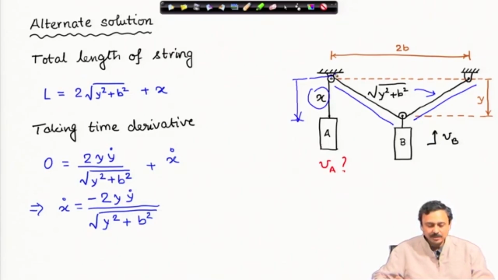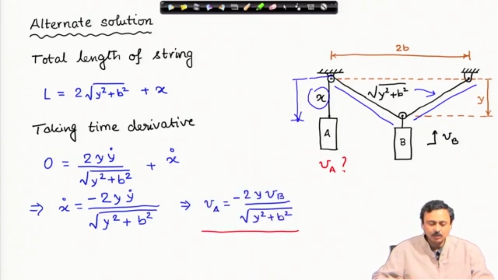You are measuring x, therefore, x dot must be the velocity of A, it is downward velocity if you are measuring downwards. What this expression tells us is, if Vb is positive, then Va is negative, that means it is going down.